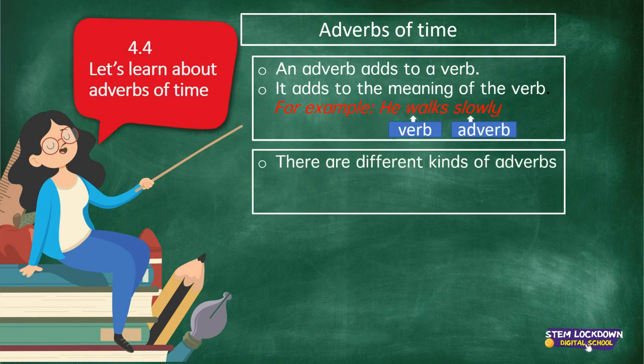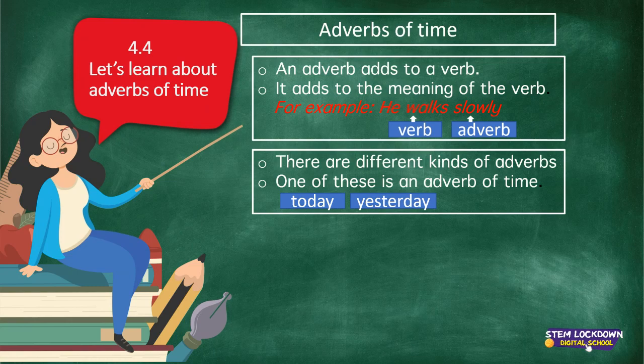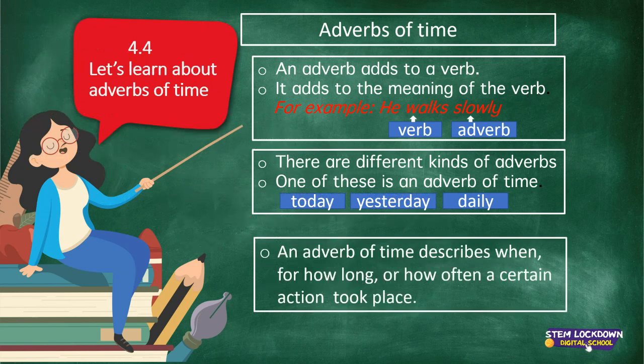But there are different kinds of adverbs, and one of those is an adverb of time. Words like today, yesterday, daily, last week, next year, in the future, any words that answer the question when. So an adverb of time describes when or for how long or how often a certain action took place.